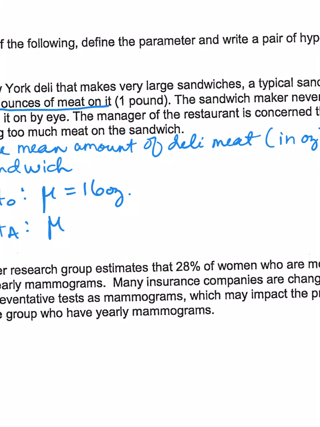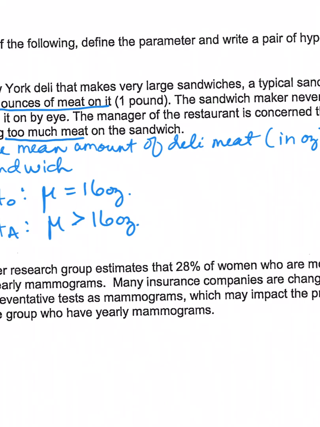Read the last line of the prompt again. So it would be greater than? He is concerned that the sandwich guy is putting too much meat on the sandwich, so it would be greater than 16 ounces. I guarantee he's not upset if they're not putting enough on. That would be HA.